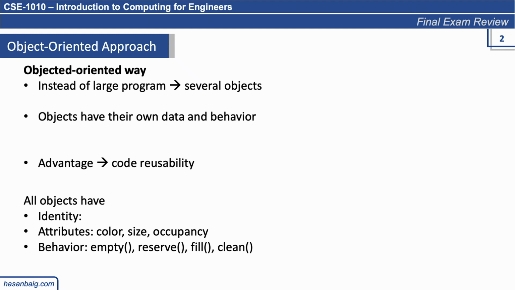We talked about the Highlander as an object of the Toyota car class. Similarly, Corolla was a separate object created out of the Toyota car class. Each of them had different attributes: color, size, occupancy, type, model, and both had some behavior associated with them.